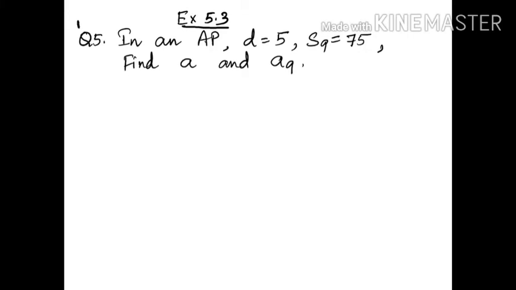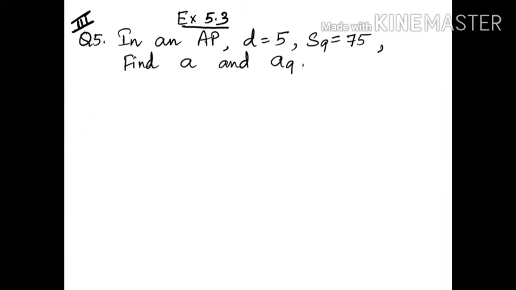We are in question number 3, in which some of the variables of the general expression for the sum of n terms of an AP are given and we have to find the others. This is subpart 5 of question number 3. In an AP, d is equal to 5 and the sum of 9 terms is 75.